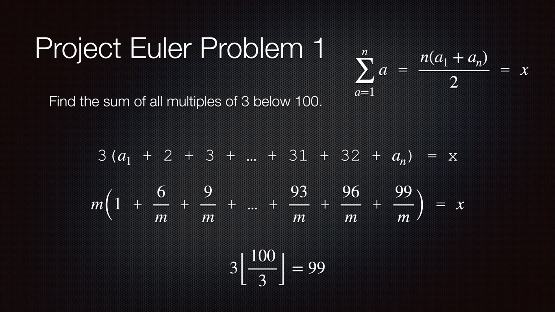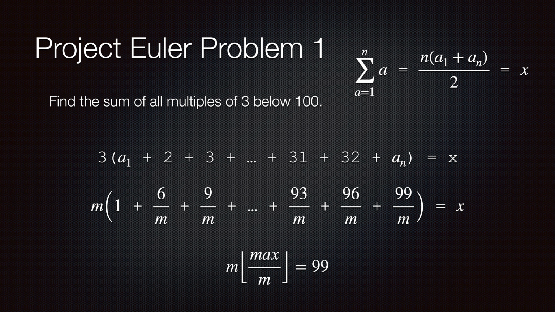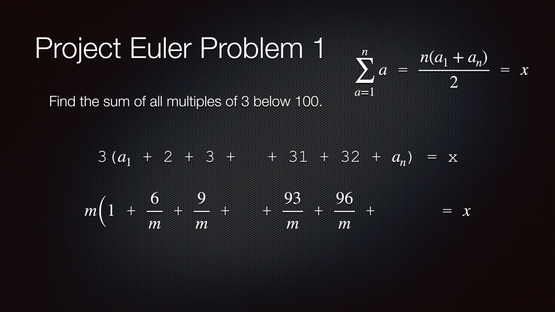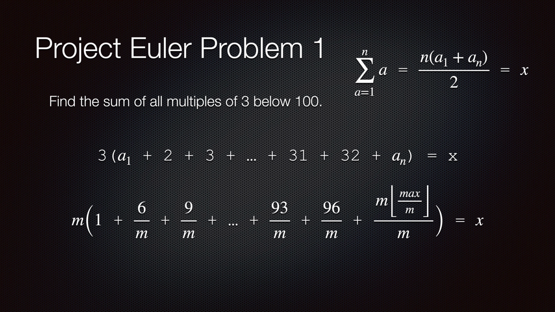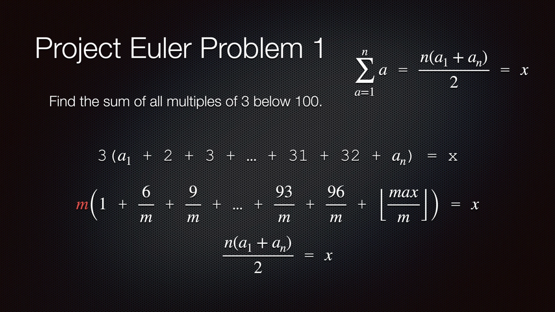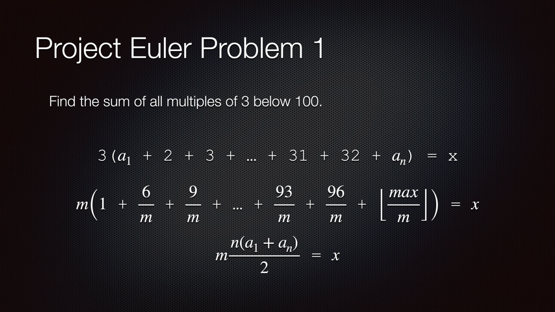Let's turn the 100 and 3 into variables. Substitute our 99. Let's simplify. Now, to update our summation formula, bring down our m. a1 is equal to 1.